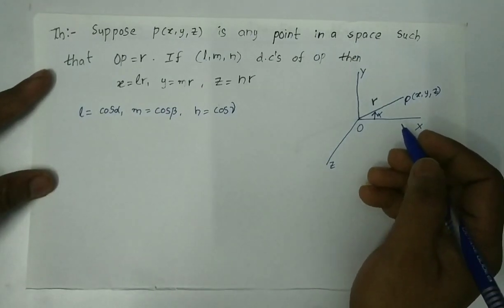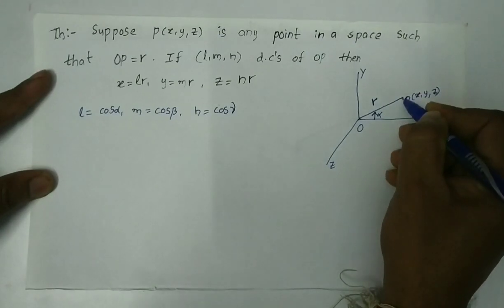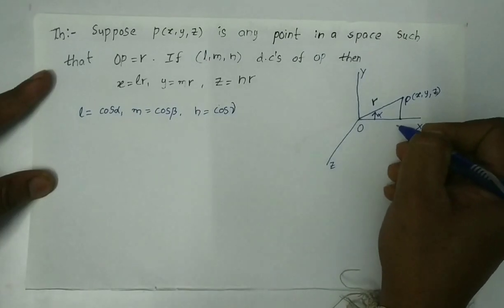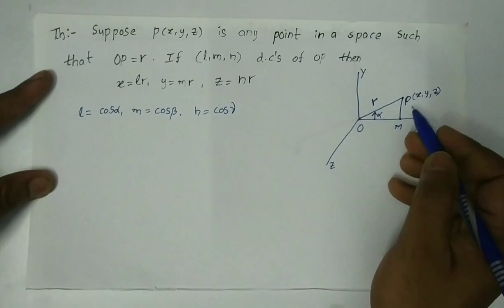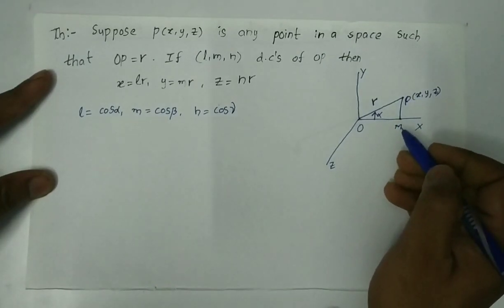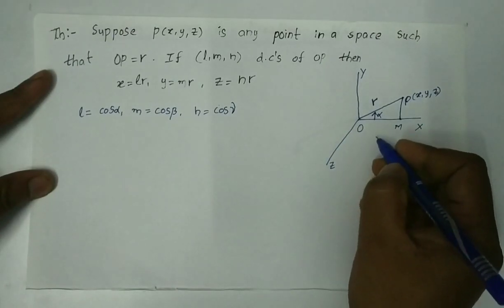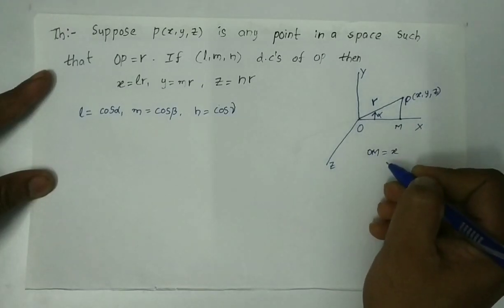Next, we draw a perpendicular line from the point P to the x-axis and call the intersecting point M. Here the length of OM will be x.